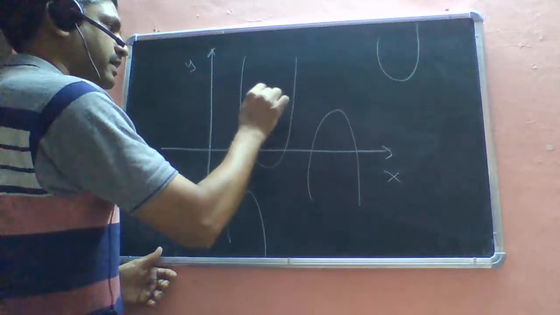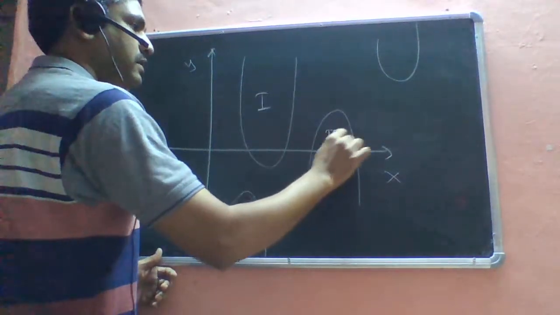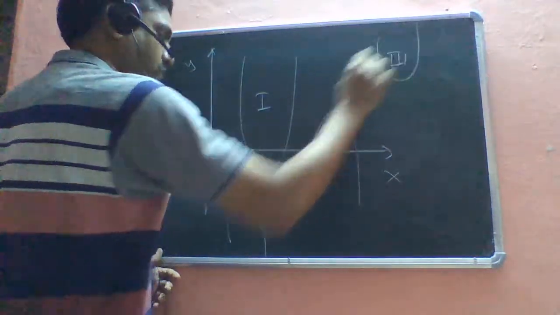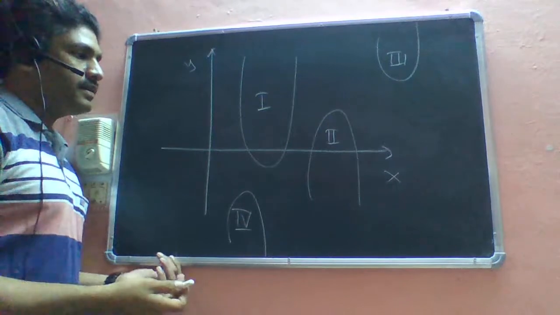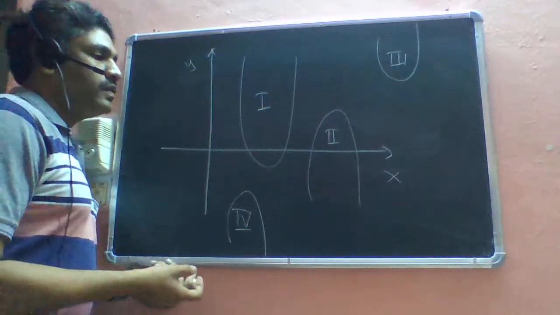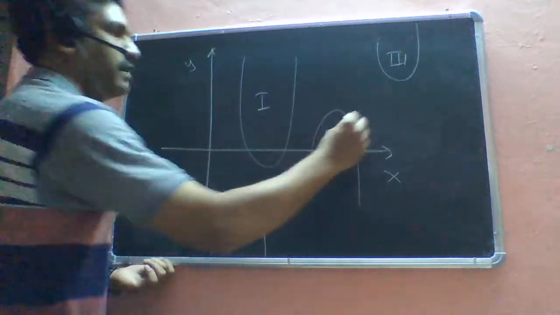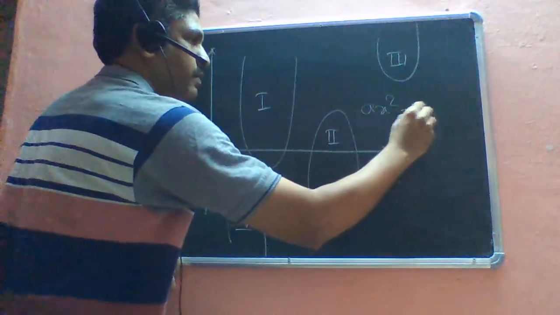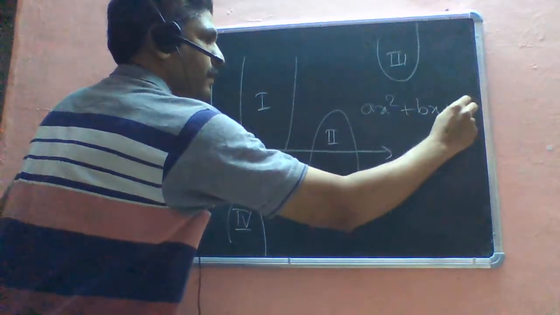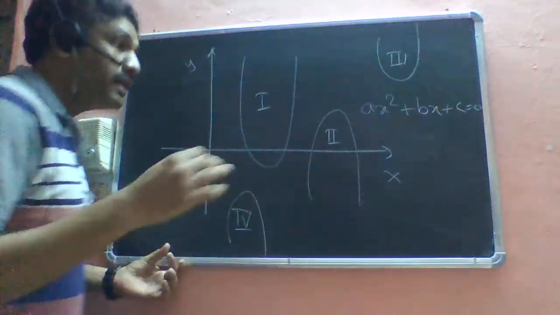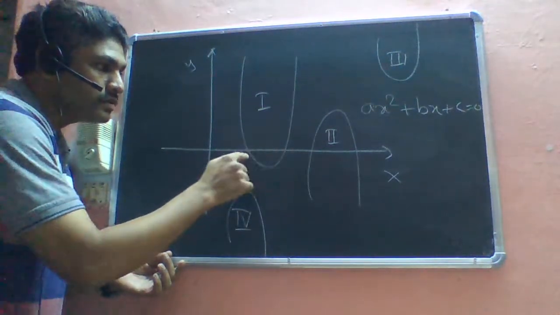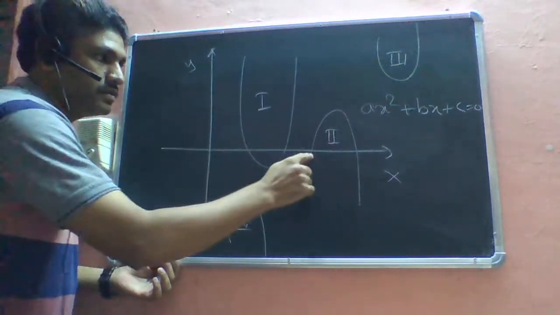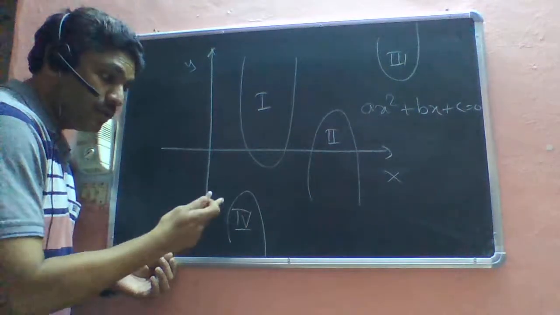There are four graphs that I have drawn. One, this is 2, this is 3, and this is 4. What do these figures indicate? This indicates that sometimes your quadratic equation, the standard form ax square plus bx plus c is equal to 0, either has two zeros, here also two zeros, or no zeros.